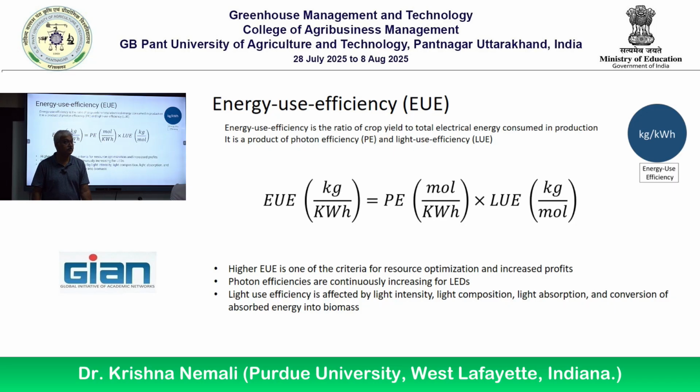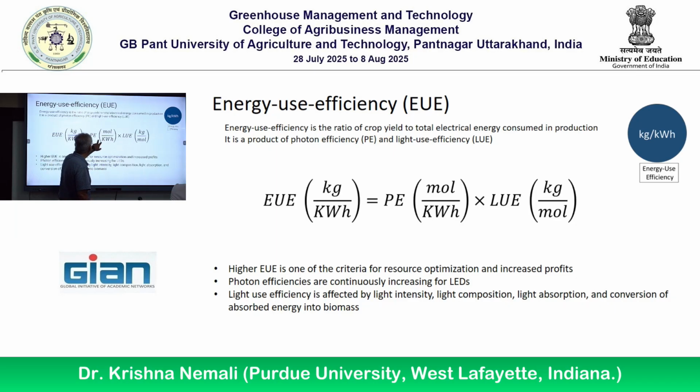I think some of you, if you try looking into your notes in the light chapter, there is a graph that shows the relationship between photon efficiency and electricity costs. As the photon efficiency increases, the electricity costs significantly drop. And we are asking the photon efficiency to be higher than 2.0 to get that benefit. Okay, so that is one factor.